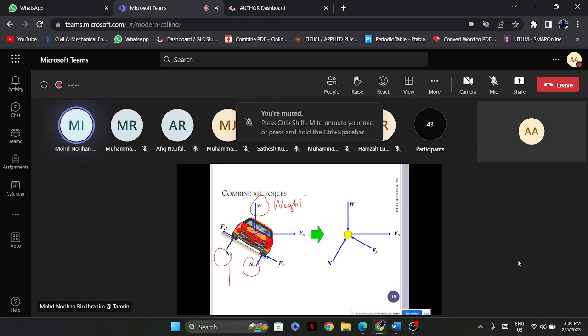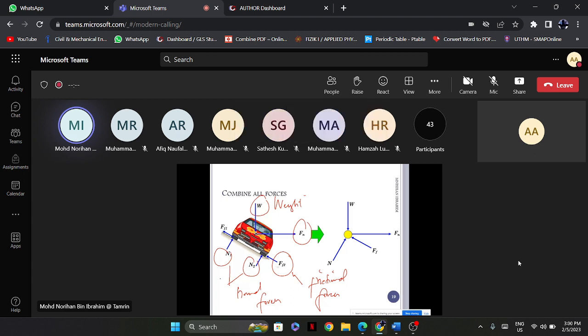N1, N2 are normal forces. F2 is the frictional force. Fn is the force of the moving particle. F2 and F1 refer to the frictional forces. That is the combination of all forces.